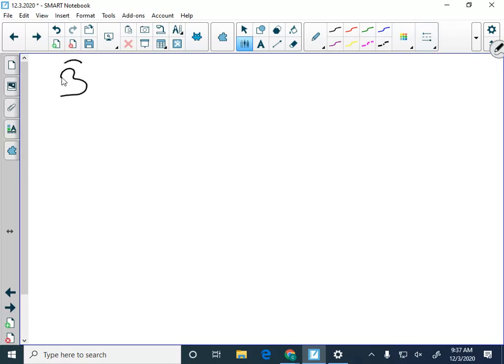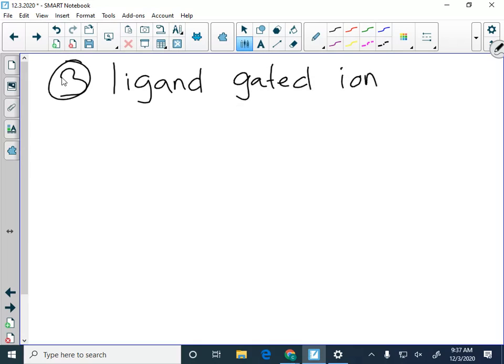So our third cell membrane receptor are ligand gated ion channels.